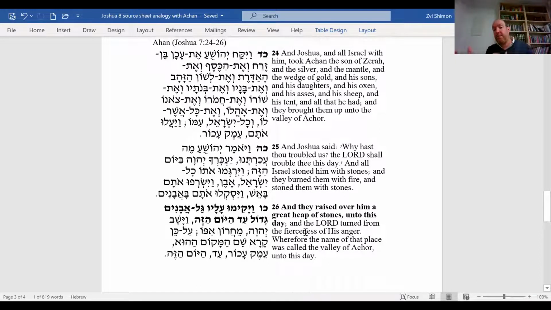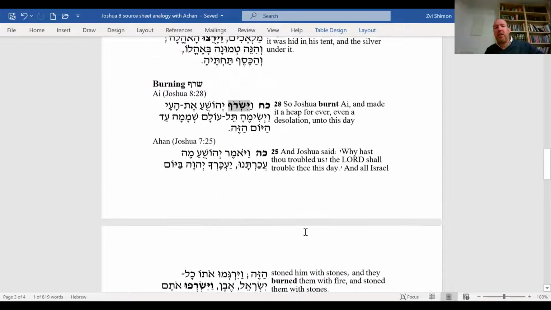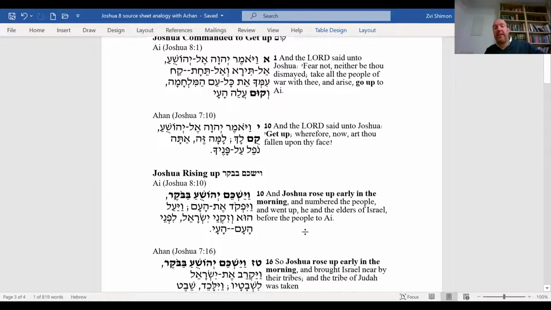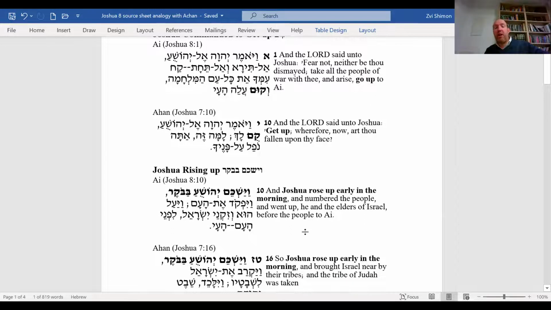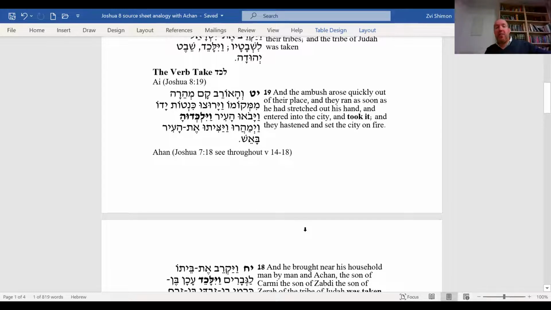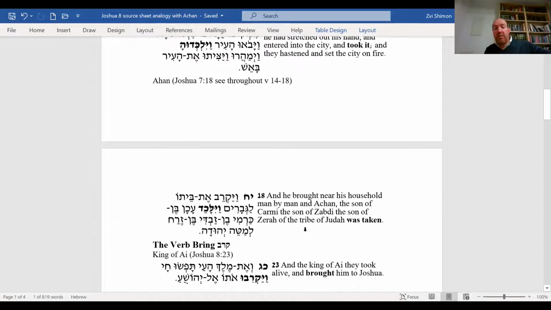So it's clear the scope of the parallels. Don't forget that these are chapters that are side by side, chapter 7, chapter 8. So you read one after the other and you see the same verbs, you see the same descriptions, right? All these parallels and the similar conclusion: getting up, kum, rising up in the morning, vayishkem baboker, lakad, an uncommon word in this context, found in the lot as well.